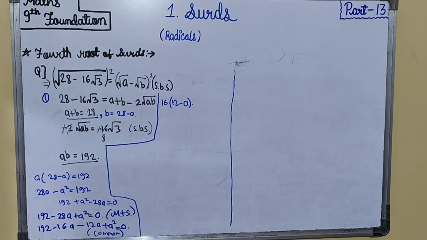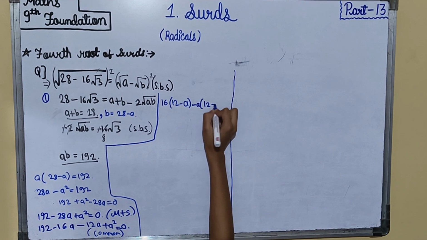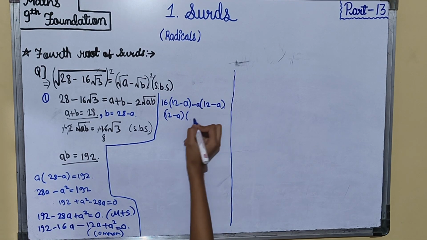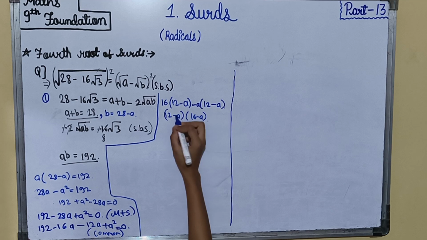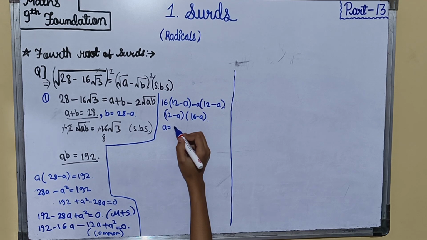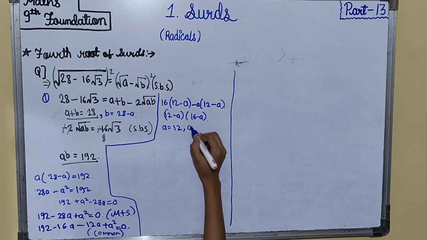Now we will take minus a as common, so we'll get 12 minus a again. We'll take 12 minus a in common and then 16 minus a in common. From here we'll get the value of a as 12 and this a will be 16.